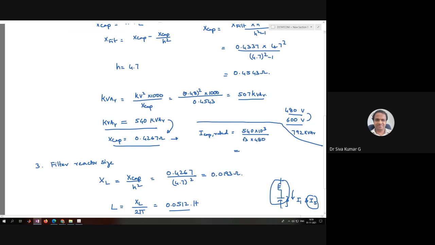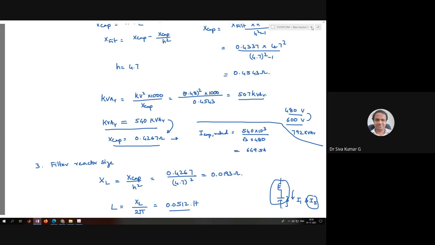This way also we can find it. We get around 649.5. That is 540 kVAR divided by the applied voltage across the capacitor.